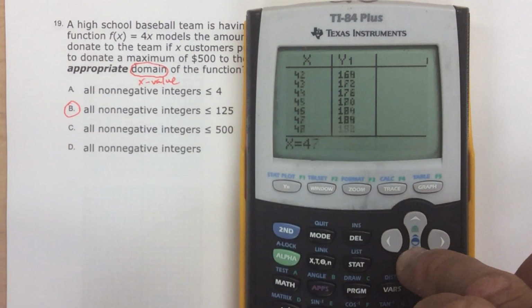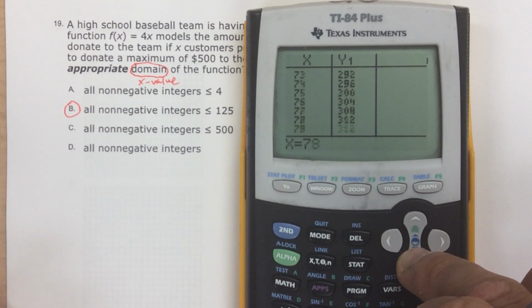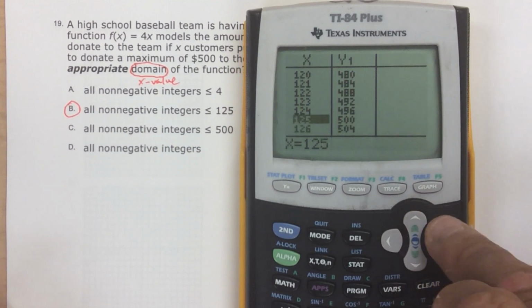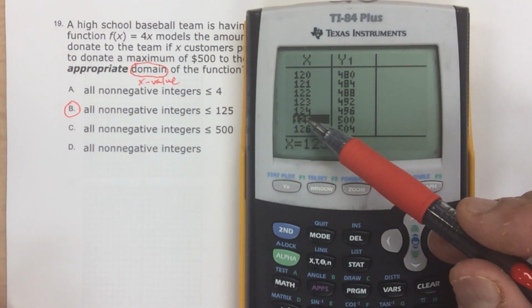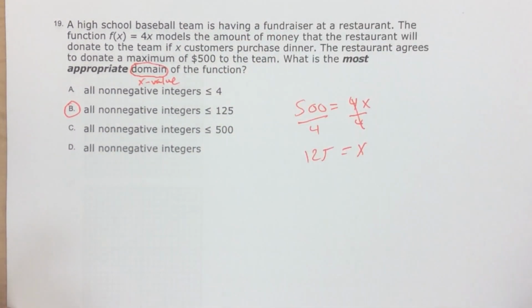You've got to get to 500 for the y. So if you keep going and going, we're almost there, and there you go, 500. So the maximum amount of dinners will be 125.